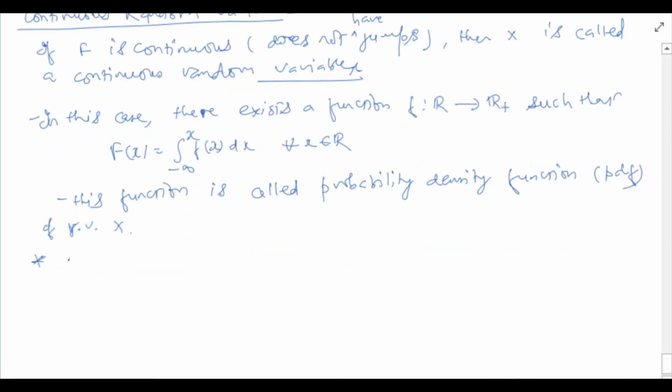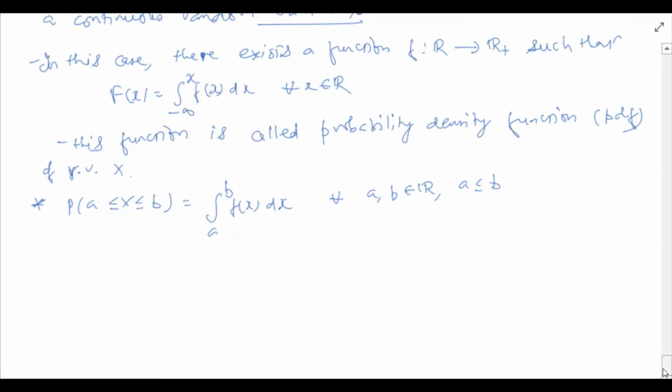Observe that the probability of random variable x taking values between a and b, in the case of continuous random variable, can be written as the integral from a to b of f(x) dx. This holds for all a, b in R such that a is less than or equal to b.